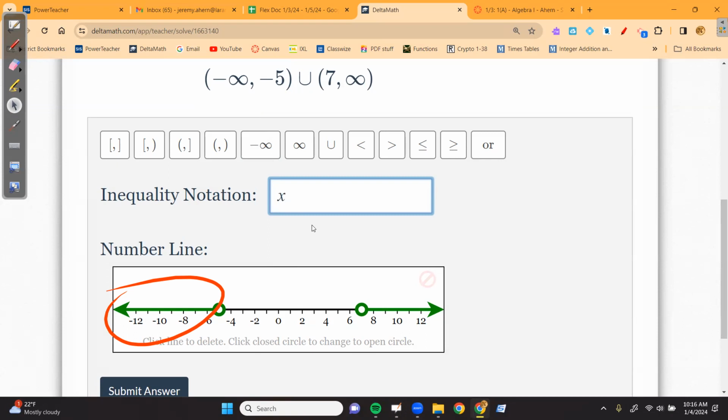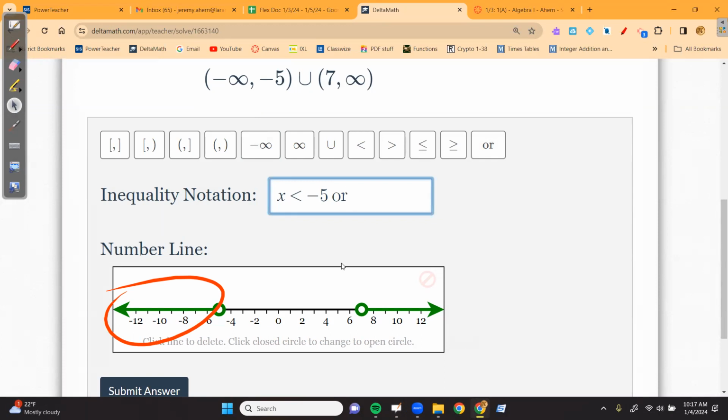X is less than, so I want to click the little less than button, -5. And I do not want to use the union symbol when I'm doing inequality notation. I want to actually use the English word or. So you just click on it, it's right over here, just like that.